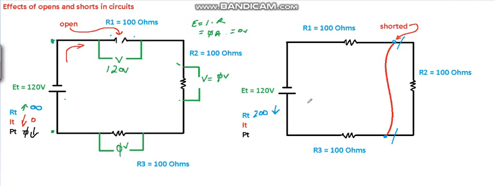And if I have a decrease in resistance, then my current, which would normally be 400 milliamps, would increase to 600 milliamps. So I would get an increase in current.